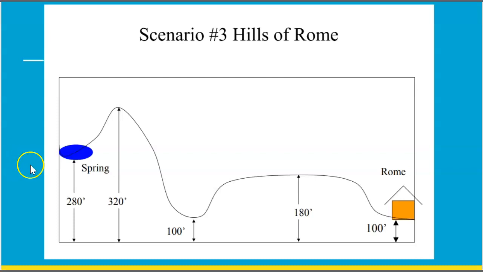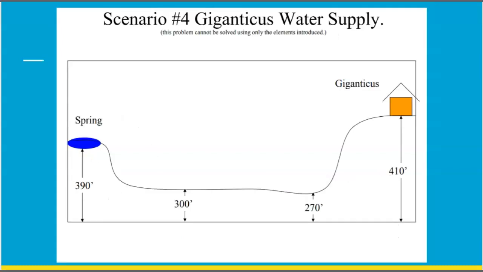Here's a challenging scenario. You have your spring, and then you have the city of Rome here, and you've got a mountain peak, it looks like, and then you have your valleys and quite a high plain. So you would have to consider, where would you have to put tunnels and where would you need to put above ground features. And then the last one is scenario number 4, which is Giganticus water supply.